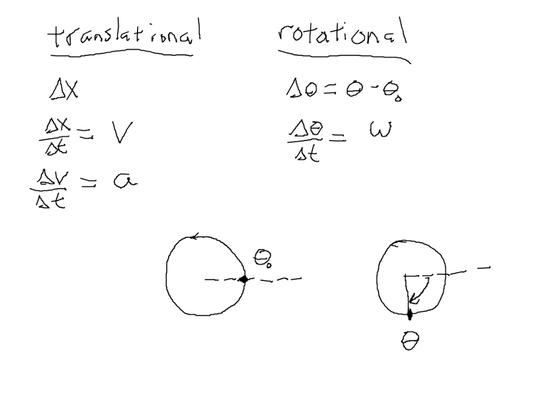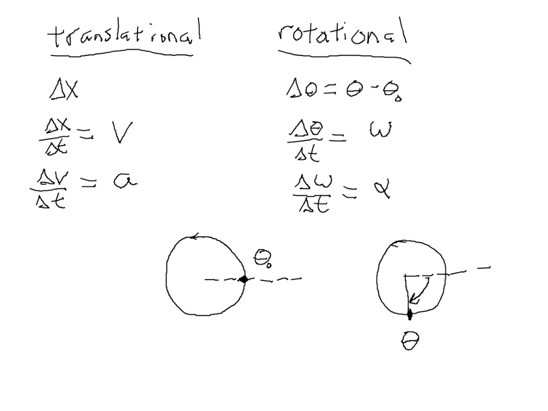It looks like a W, but it's pronounced omega, and it is called the angular velocity. Perhaps the angular velocity is not constant. Maybe the wheel is speeding up or slowing down, in which case I have a change in angular velocity, which we will call angular acceleration, and it has the symbol lowercase alpha, which looks like a fish with the right side of the tail not being closed.